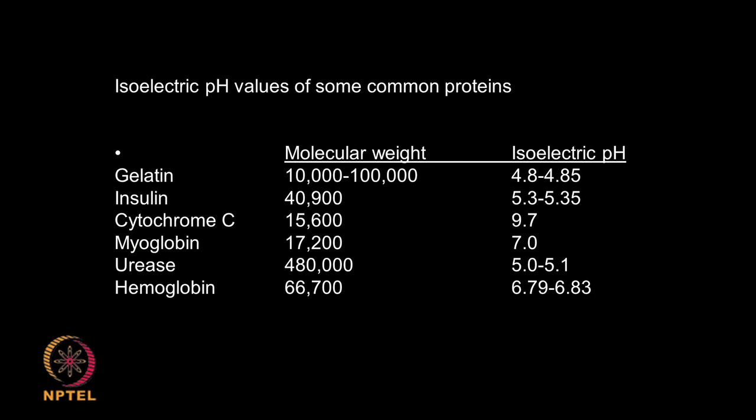So, these are some of the disadvantages. For example, if you take gelatin, the isoelectric pH is 4.885. Insulin 5.3, cytochrome C 9.7, myoglobin 7, urease 5 to 5.1, hemoglobin 6.9. So, you see they are quite distinct in their isoelectric pH. So, separations are possible here.